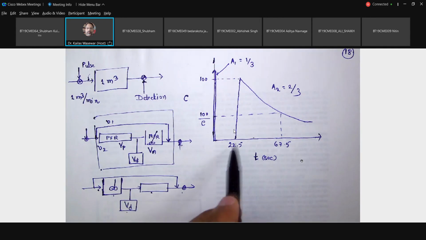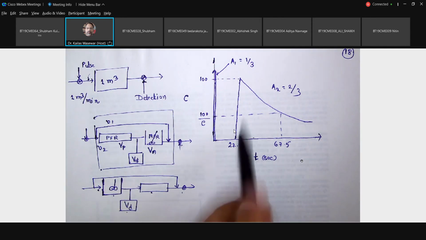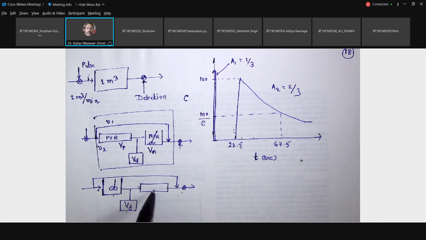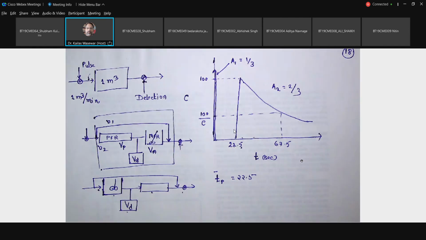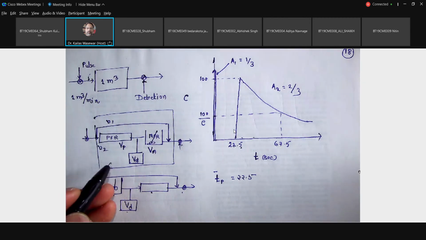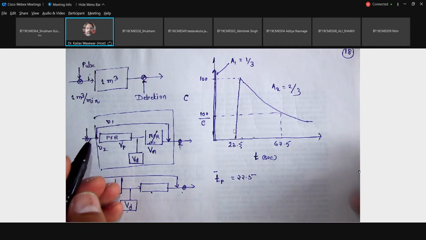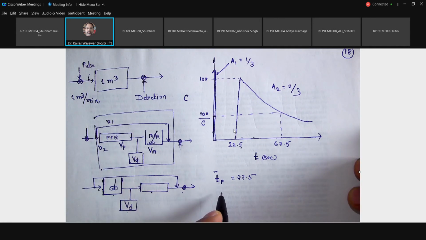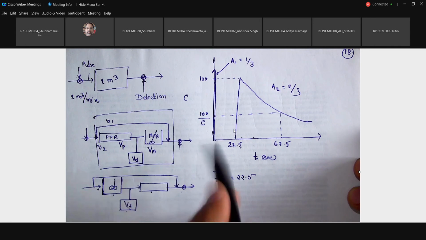Of course, it is taking 22.5 to reach this one. So definitely the mean residence time for the plug flow reactor is 22.5. Now this V1 and VB. So what will the area be? For this fraction, this is V1.